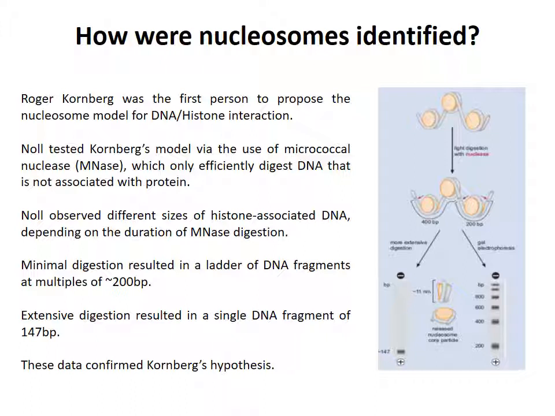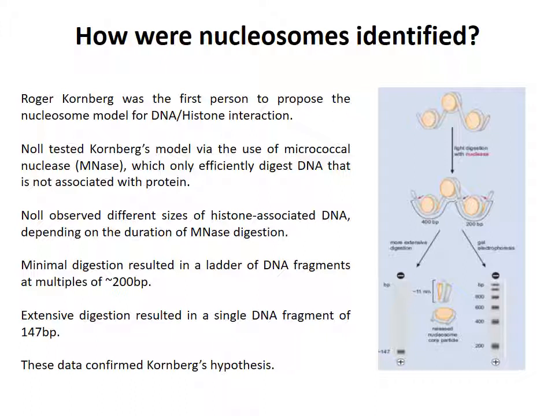So, for example, if you have naked DNA, which isn't associated with any protein, then micrococcal nuclease will degrade that DNA very readily. If, however, that DNA is interacting with protein, the nuclease is unable to access the DNA correctly and will not cut the DNA.